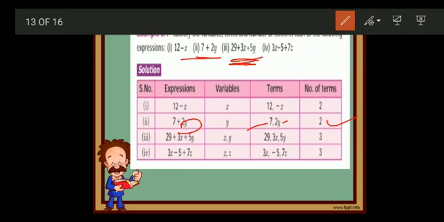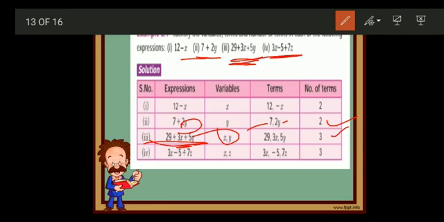So here we have two variables, two letters, x and y. So variables here are x, comma, y. So what are all the terms of this algebraic expression? 29 is one term, 3x is one term and 5y is another term. So there are three terms in this third one.